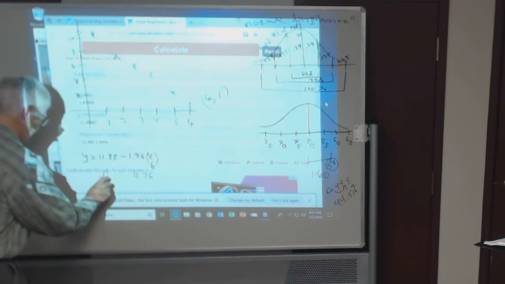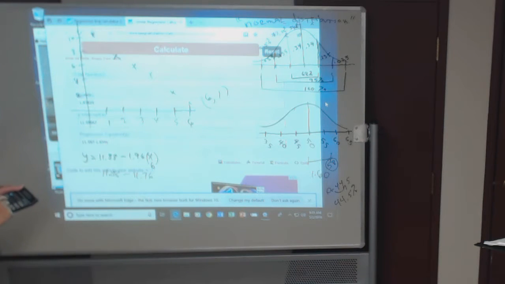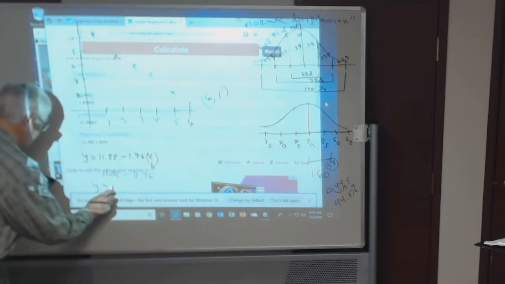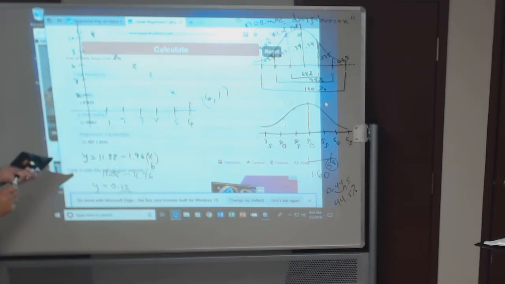And then we take 11.88 and subtract 11.76. 0.12. And we get y equals 0.12.